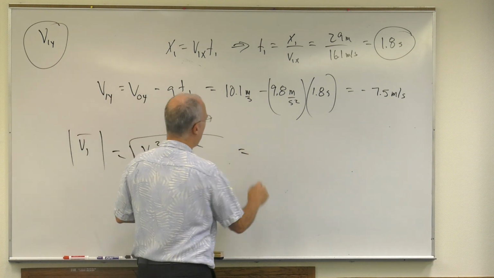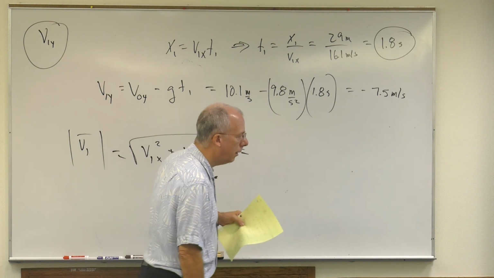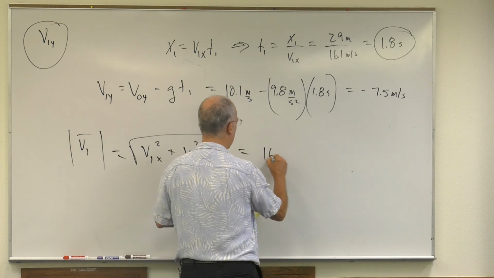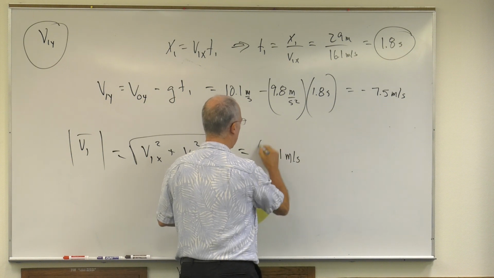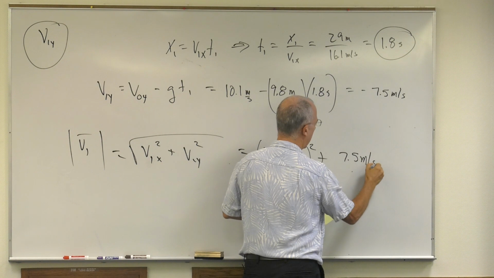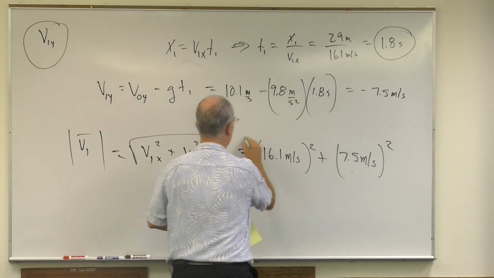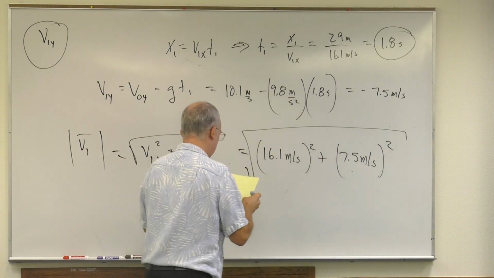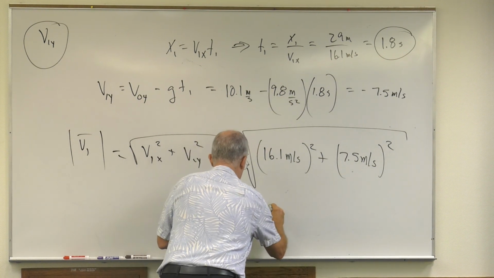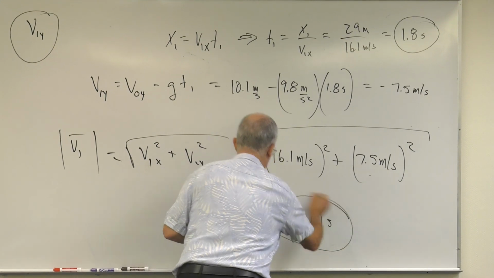So v1x is 16.1, and this is 7.5. Again, I don't care about the minus because I'm squaring it. And that comes out to be 17.8 meters per second.